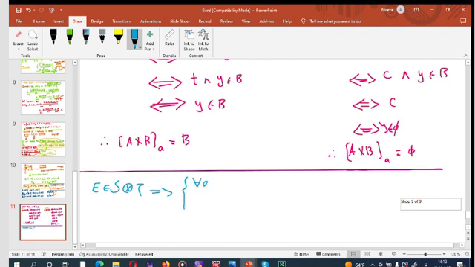For each A in X, this section belong to tau, and for each B in Y, this section must belong to S. We know that this is a subset of Y and this is a subset of X. Okay, and tau is a sigma algebra of subsets of Y and this is a sigma algebra of subsets of X.